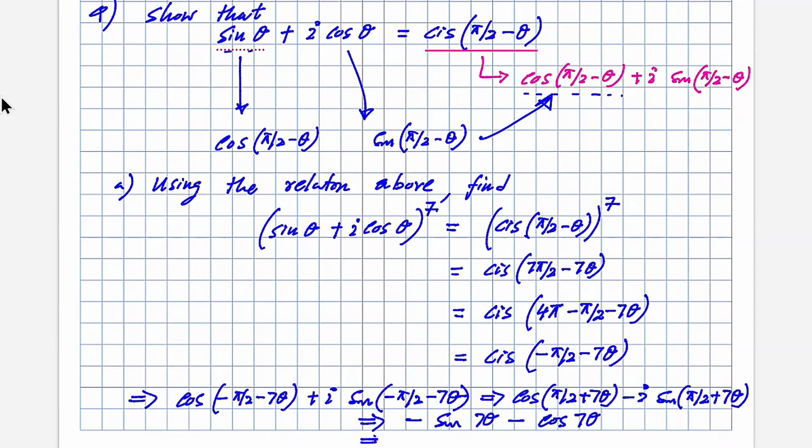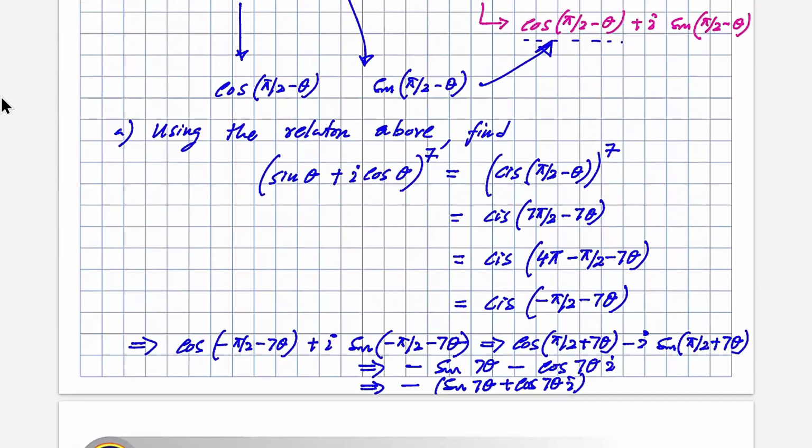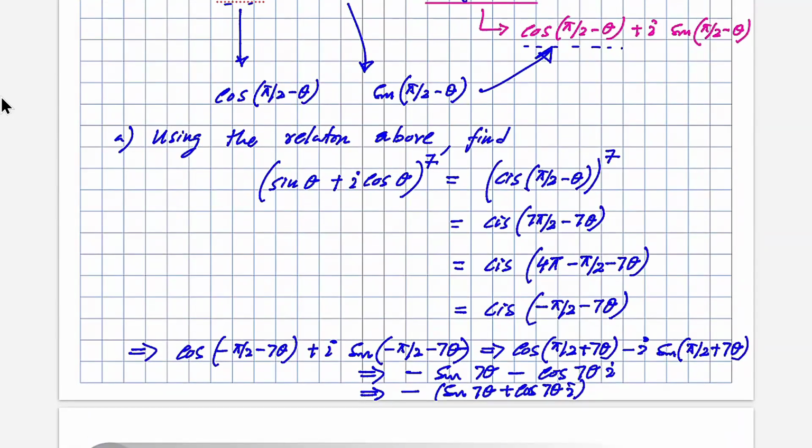So finally you get minus sine 7 theta plus cos 7 theta, there is I. Something like that. You can simplify the way you want.